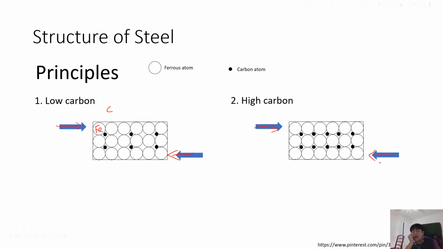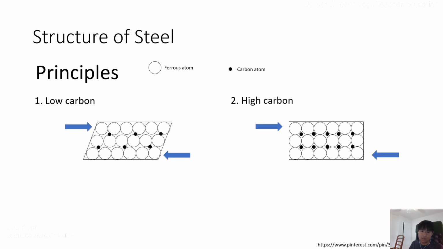Let's guess how the iron product reacts to the pushing force with low carbon or high carbon. We can compare just these two to understand the mechanical property depending on the percentage of carbon.